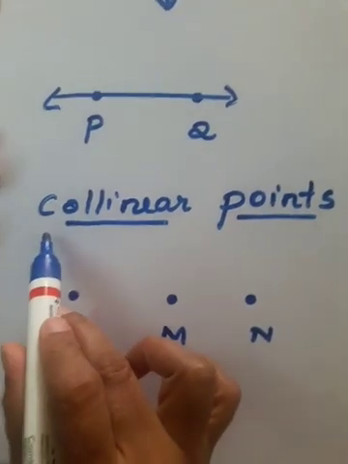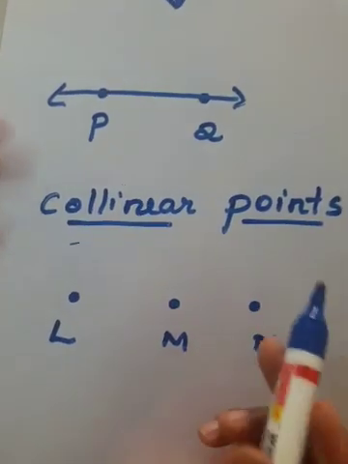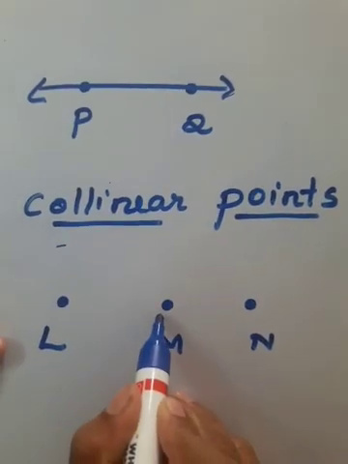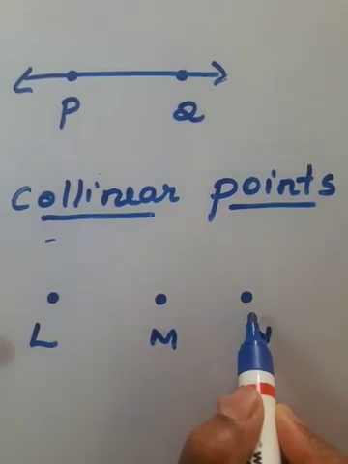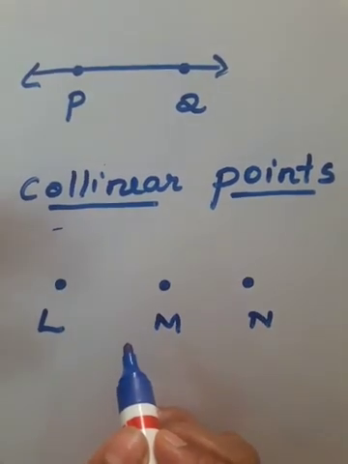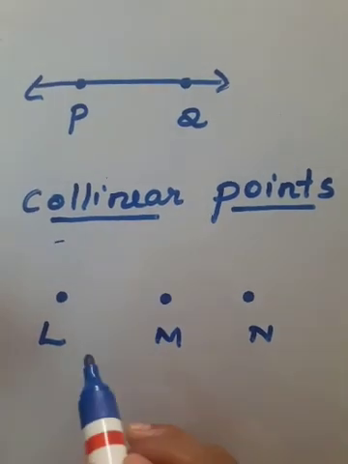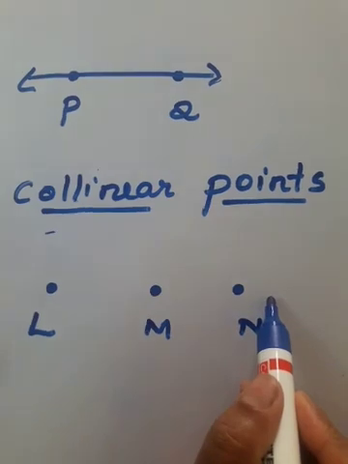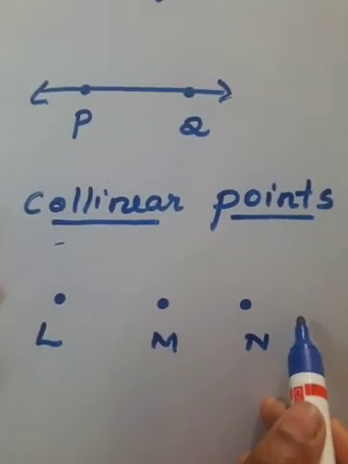Now let's see what are collinear points. Here 3 points are given: point L, point M, point N. So students, can you draw a single line that passes through all the given points?